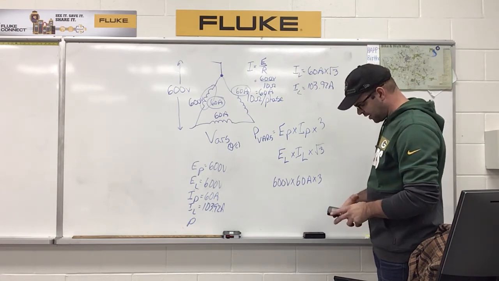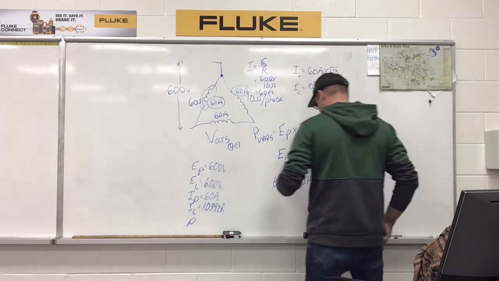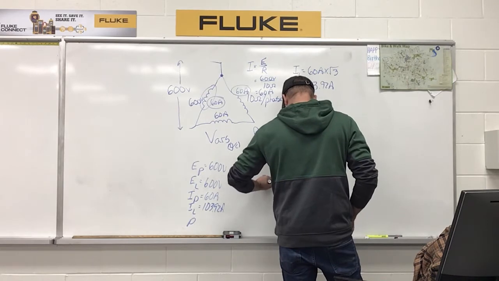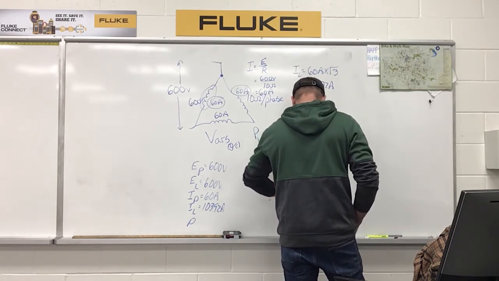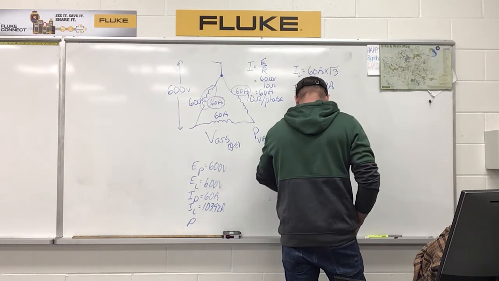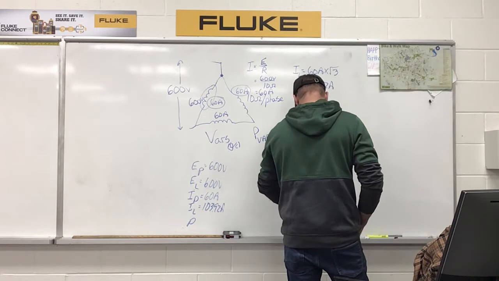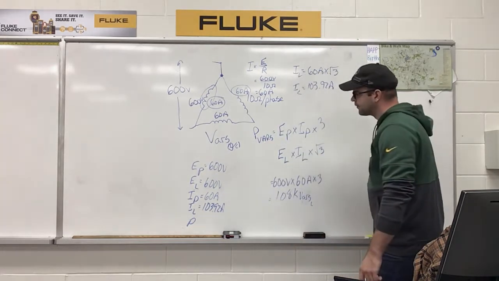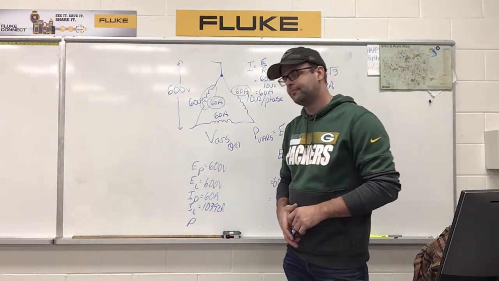And we get a three-phase power of 108 kVARs. So that equals 108 kVARs. And that would be inductive. So that's how you'd figure out your inductive power in the circuit.